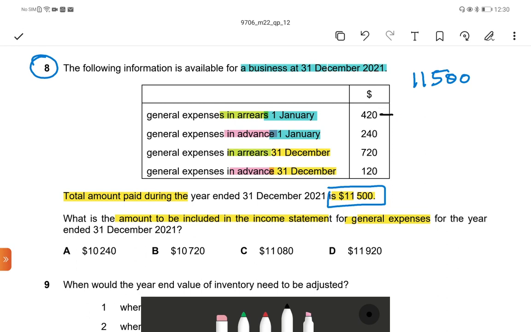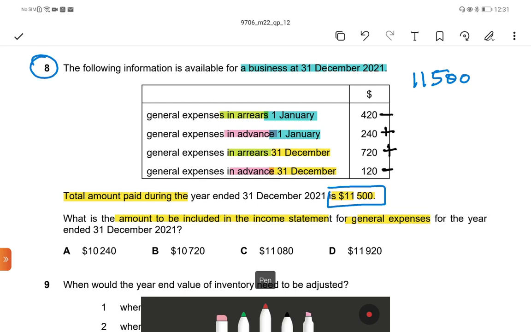While opening advance, opening prepaid means last year the business paid some amount for this current year, so that we should add in the current year income statement. Closing arrear means this year's unpaid, outstanding amount, that we should add. And closing advance means it is for the following year, so we should deduct.